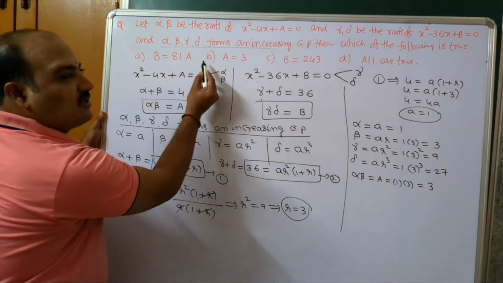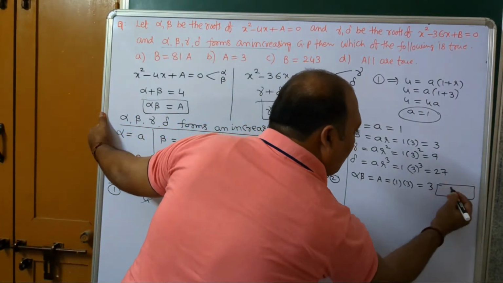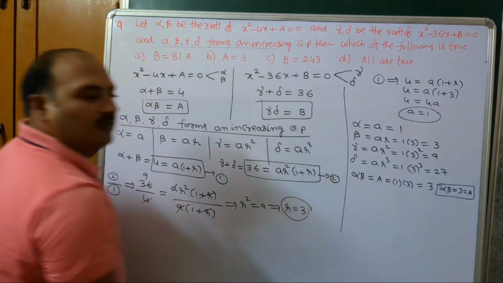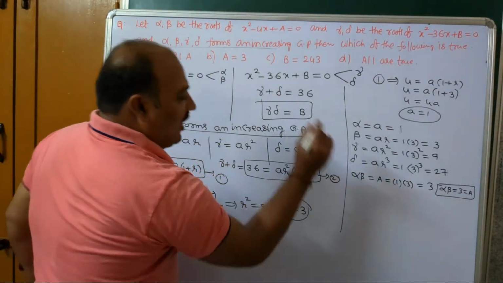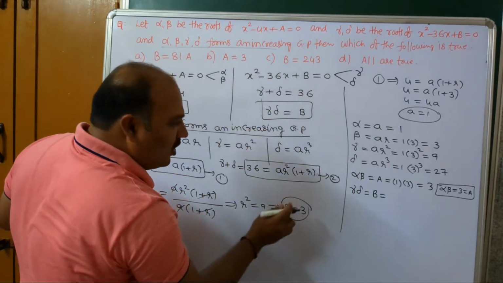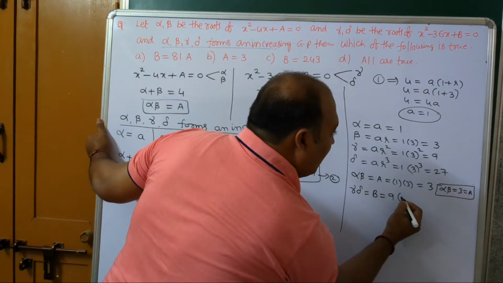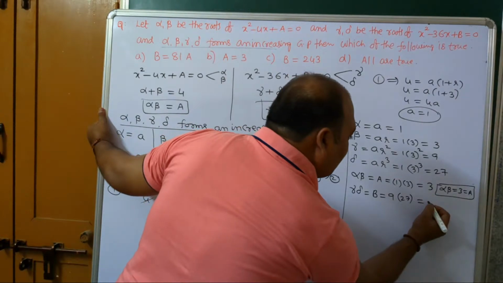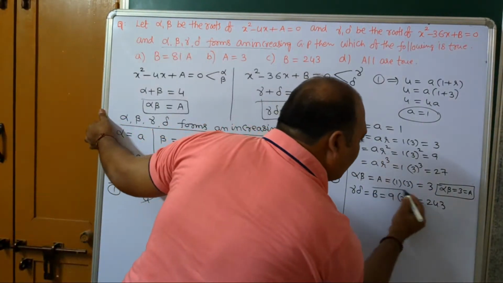So alpha beta is equal to 3, that is equal to A. Next, B value, gamma delta, that is equal to B. Gamma is 9, into delta 27, 27 into 9, 243. So B value also we got, 243.